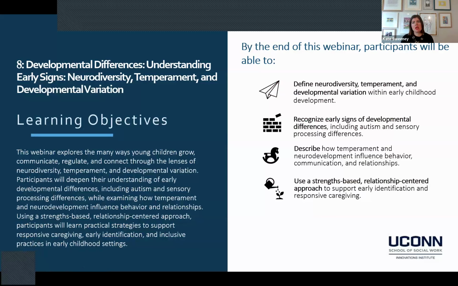By the end of this hour, I want you all to have a handle on defining neurodiversity, temperament, and developmental variation within early childhood, having some concept of early signs of developmental differences, considering autism and also sensory processing differences, and describing how temperament and neurodevelopment influence behavior, communication, and relationships.